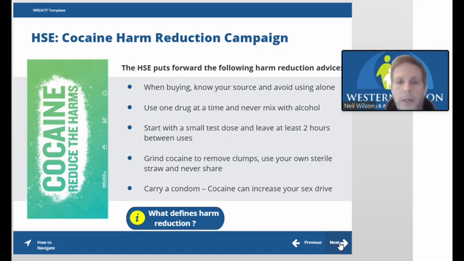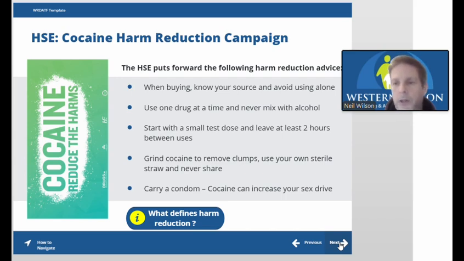The HSE has put out a leaflet where it outlines some of the harm reduction advice that can be given. This is important when working with clients. It includes things like avoid using alone, only using one drug at a time, and in particular never mixing with alcohol.